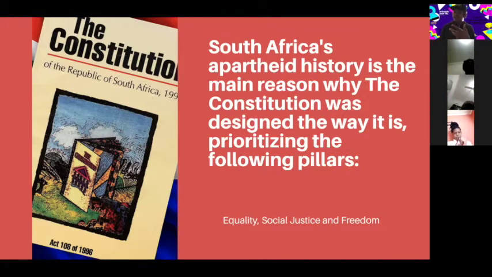When we as citizens are being asked to step up, it's because we have to look at those three pillars and say, is our government protecting the equality of all people? Is our government implementing social justice? Is our government protecting our freedoms?